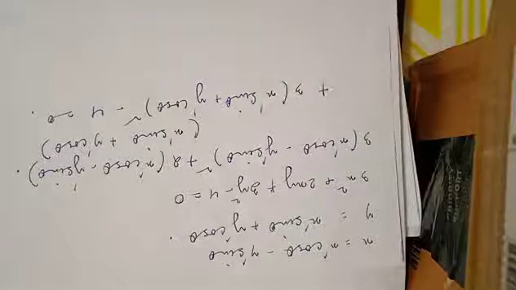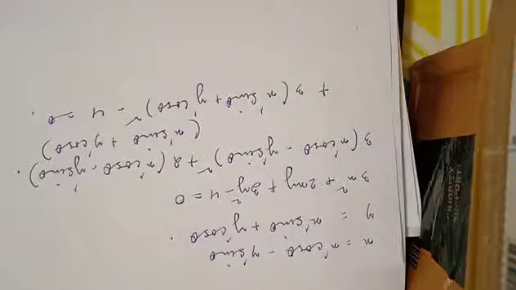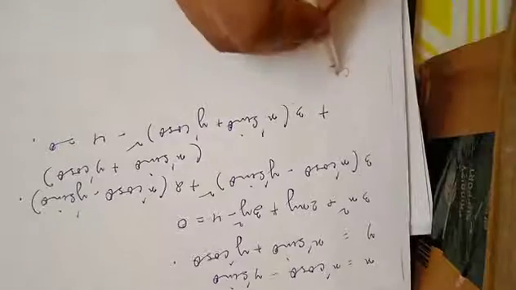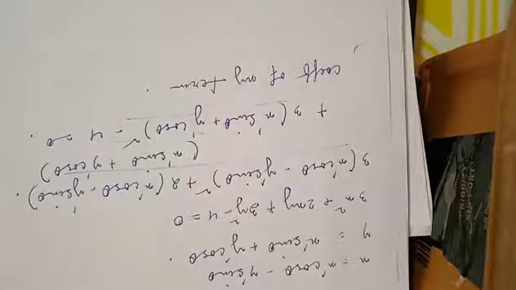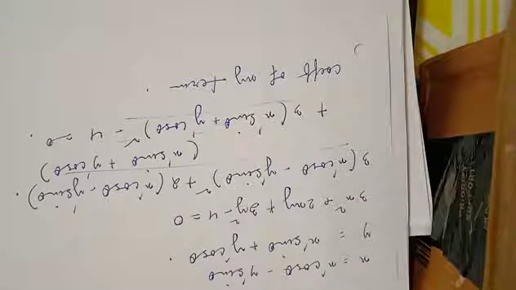Now we want to remove the xy term. That means the coefficient of xy term must be equal to 0. So find out the coefficient of xy term. If you want to expand it, then check the coefficient of xy term. You can do that, or without expanding also we can get the coefficient of xy term.